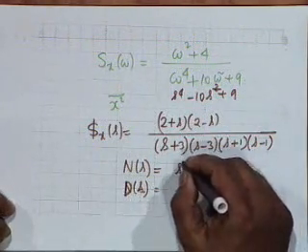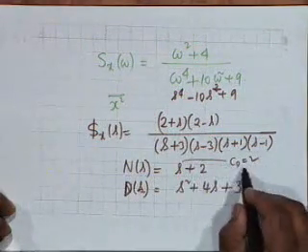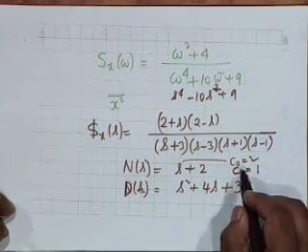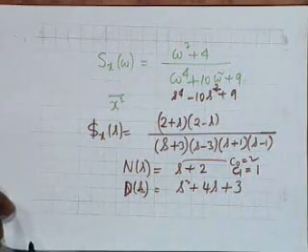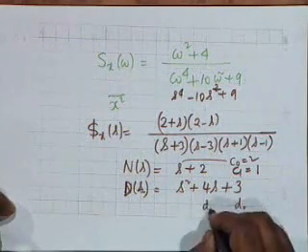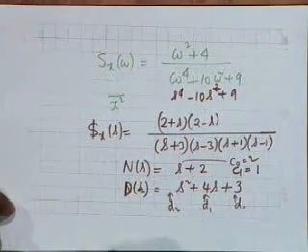So my C0 is equal to 2, C1 is equal to 1. I'm comparing with the coefficients of the numerator. D0 is 3, D1 is 4, and D2 is 1.